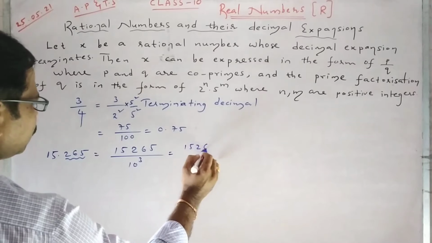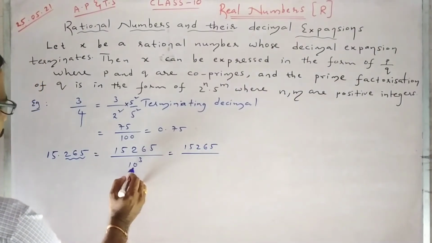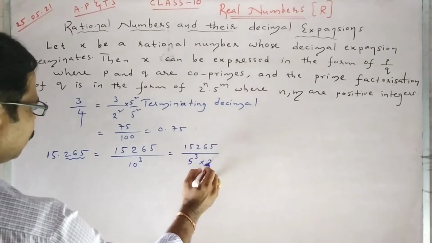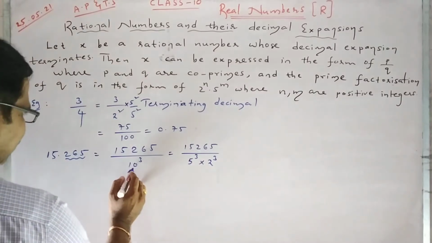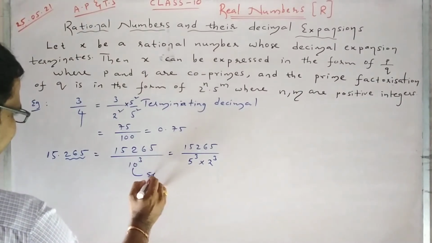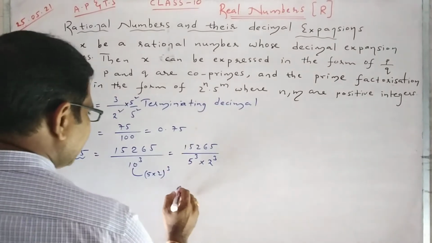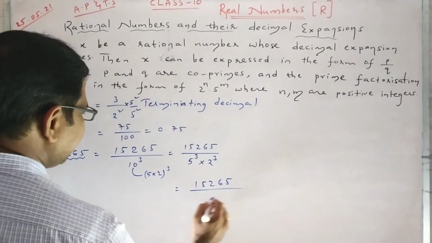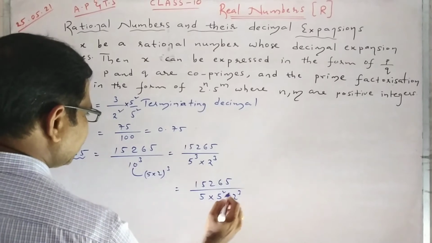So 15,265 by 5 into 2 whole cube. That means 5 cube into 2 cube. So we can write 15,265 by, 5 I am taking aside, 5 square into 2.